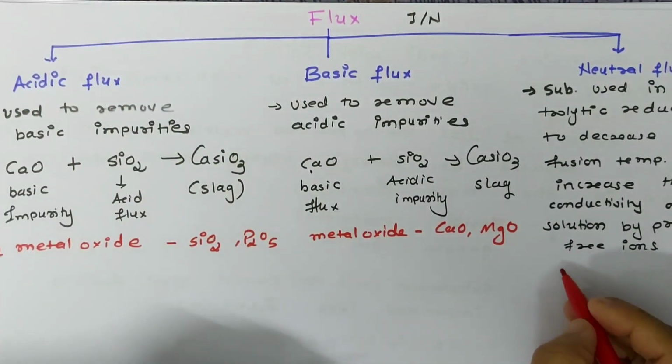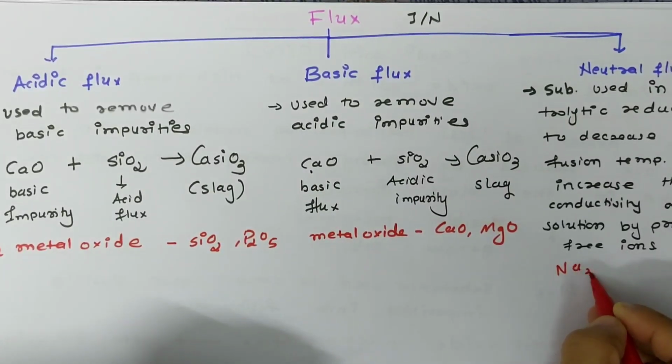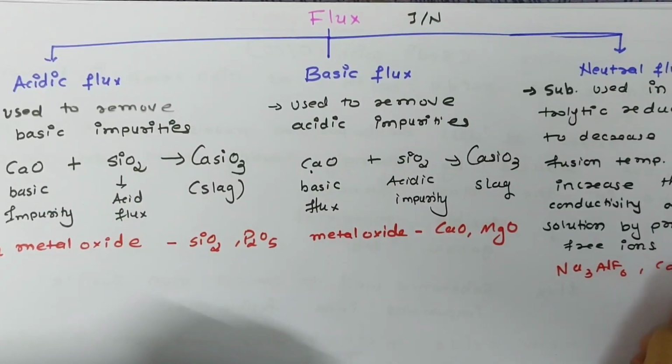Examples are nothing but cryolite, Na3AlF6, and feldspar. And the third one is calcium chloride.